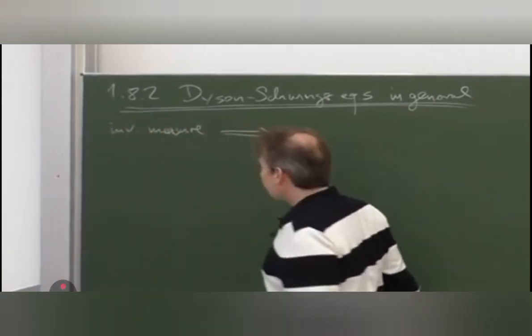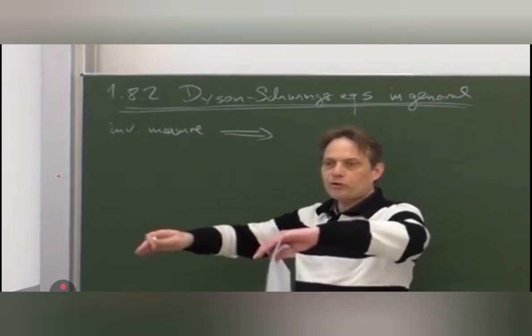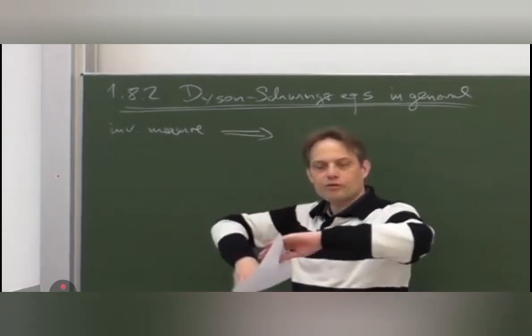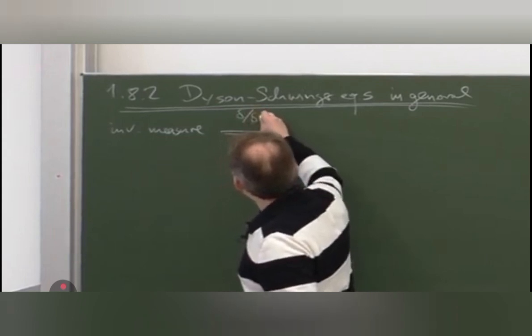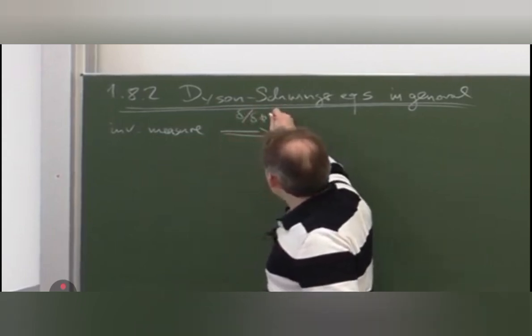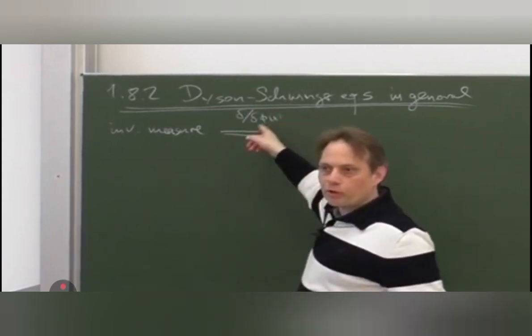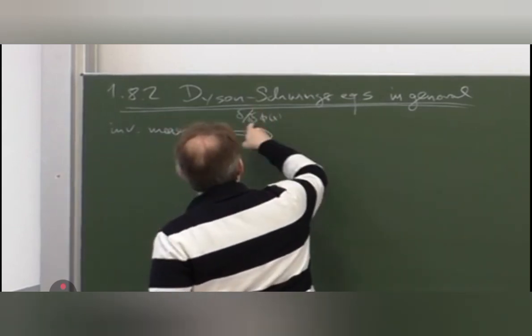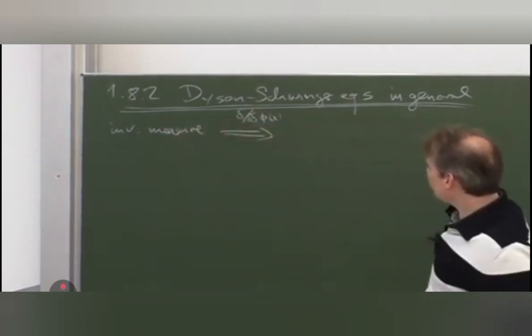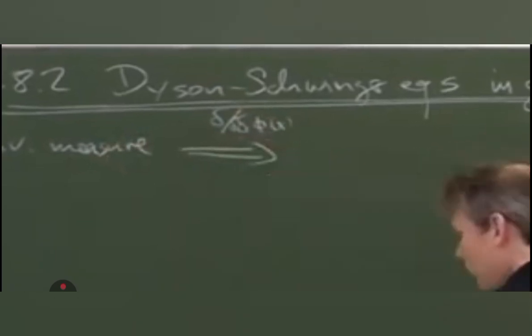And if the measure is invariant, what you can basically do is you can do a shift of the integration variable and then take the functional derivative with respect to that shift that we called delta phi.